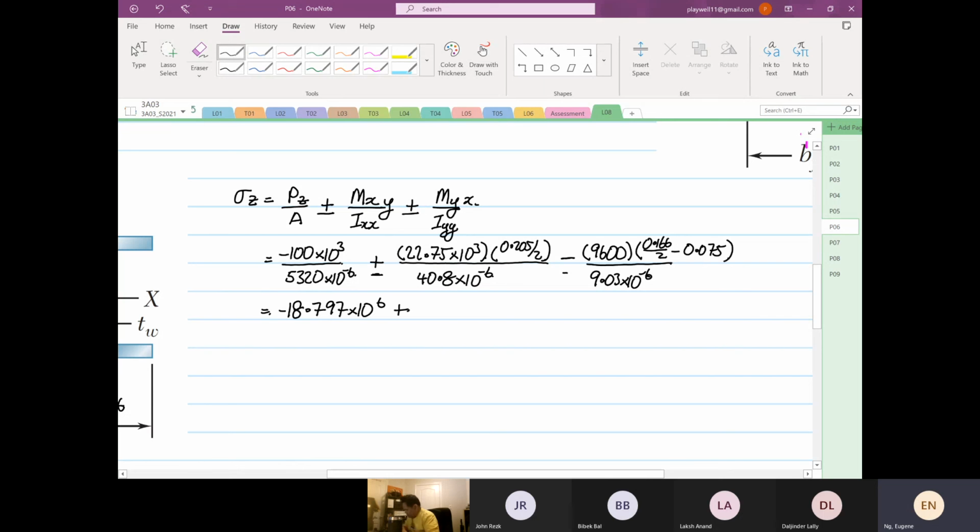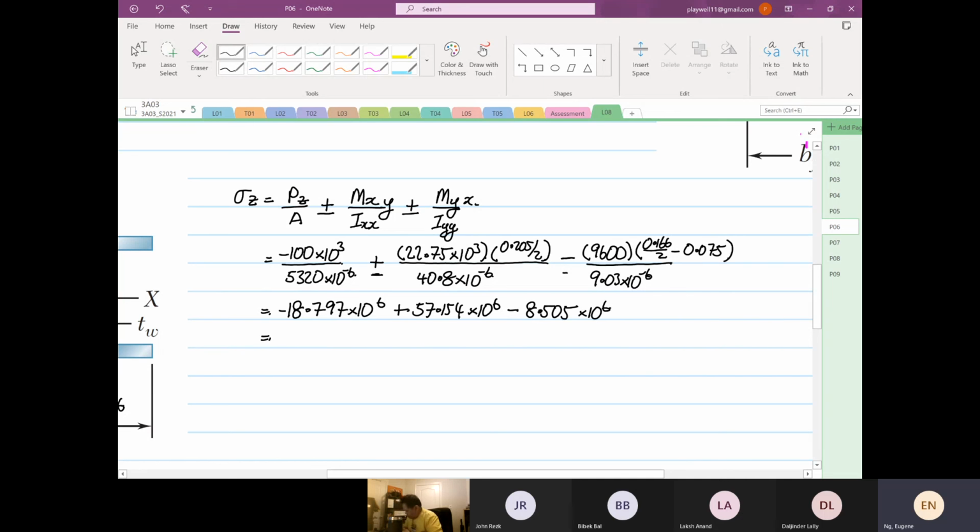Then plus 22.75 times 10 to the power 3 times 0.205 divided by 2, divided by 40.8 times 10 to the power minus 6, which is 57.154 times 10 to the power 6. And then minus 9600 times 0.166 divided by 2 minus 0.075, divided by 9.03 times 10 to the power minus 6, which is equal to 8.505 times 10 to the power 6.